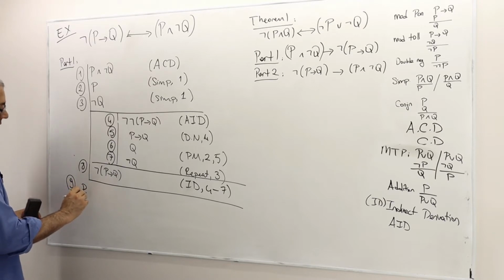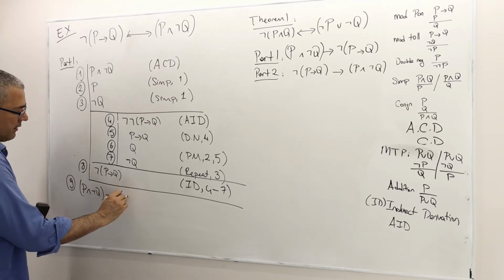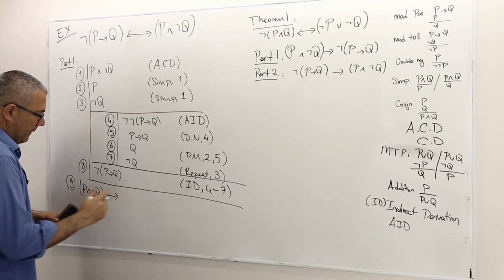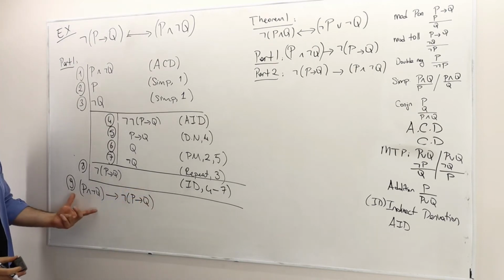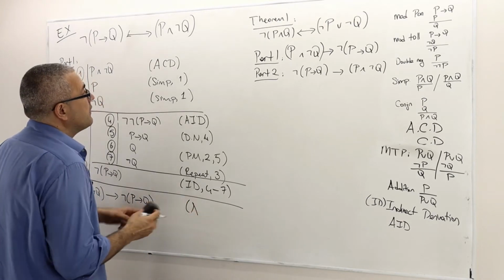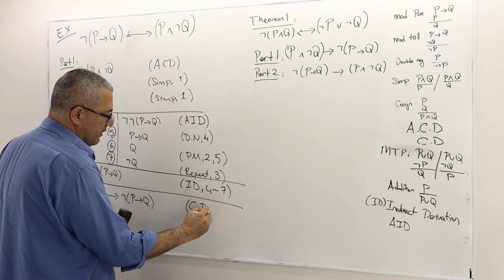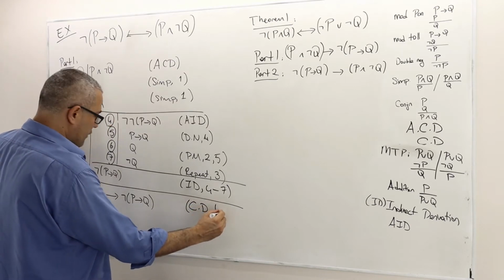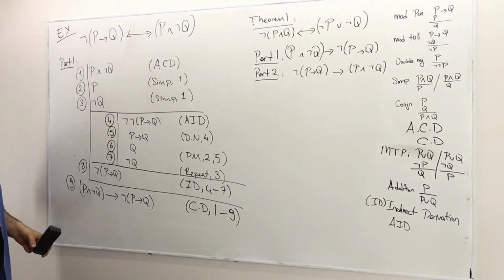If P and not Q, then not P implies Q. So the first part is true, basically. This is conditional derivation of the arguments between 1 to 9. All right? Now I am going to prove the second part of the theorem.